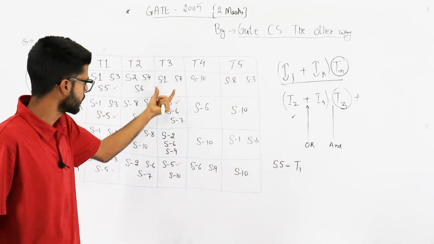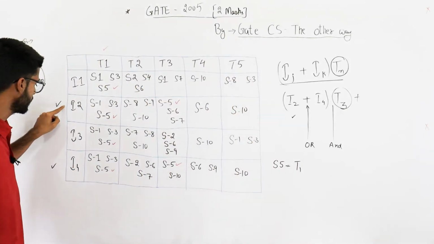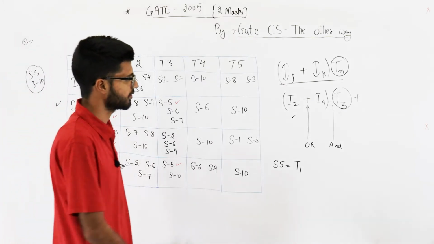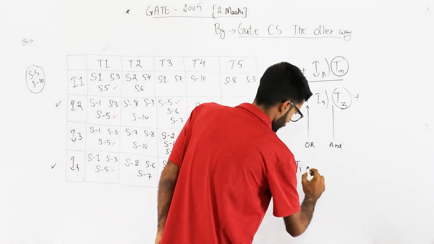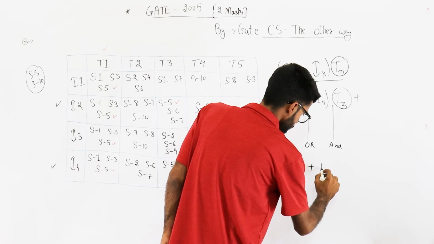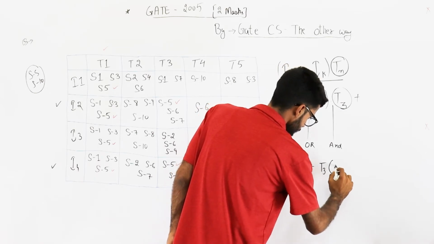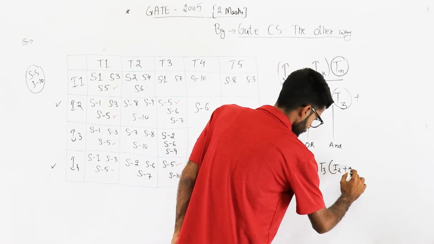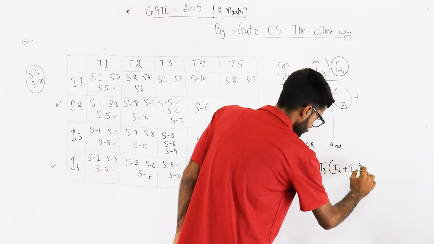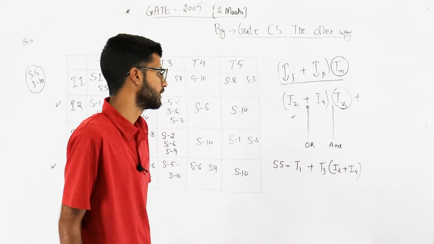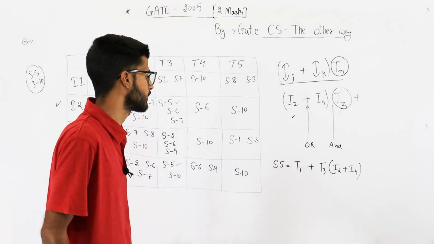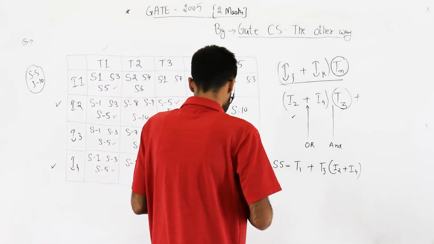And in the third clock cycle, it is I2 plus I4. We have also done it here. Which means the circuit for generating this signal S5 will look like this.